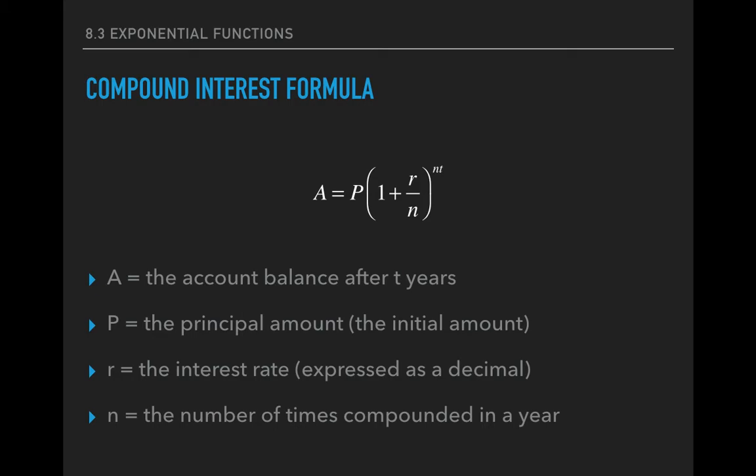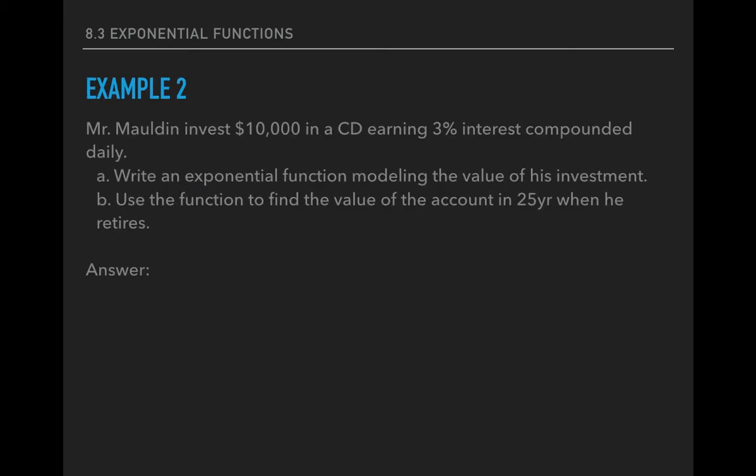So let's look at this in an example together. Mr. Malden invests $10,000 into a CD, which is like a savings option that banks sometimes have, where you can put money in, but you cannot take out the money for a certain number of years usually.